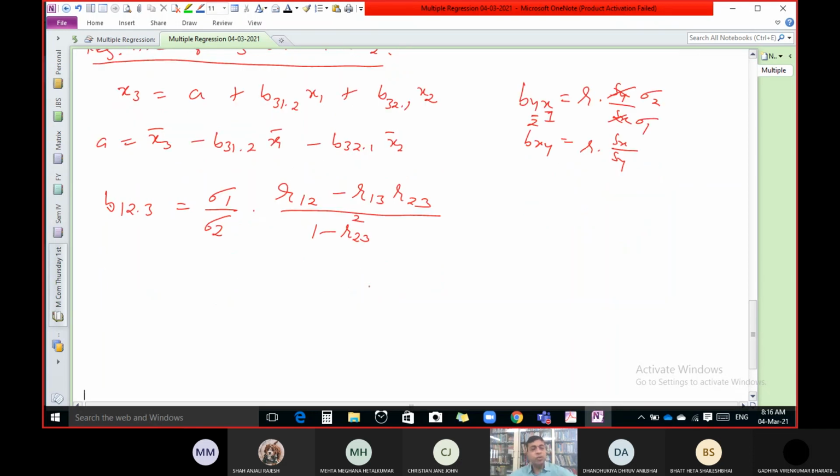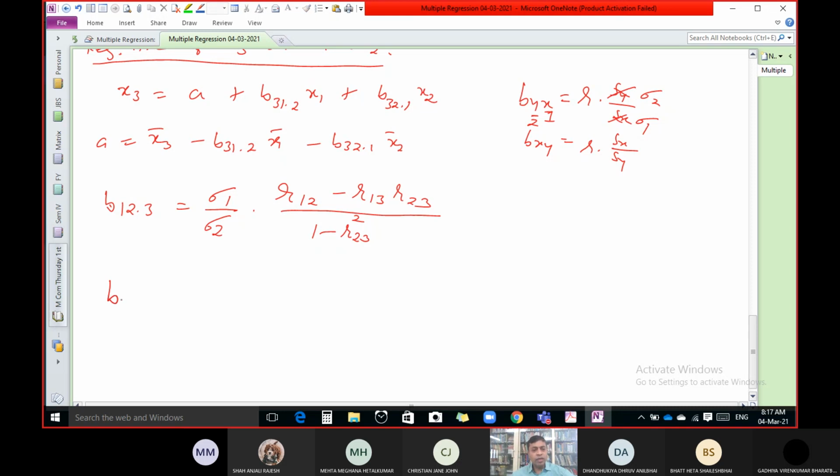Now see how to learn this formula. B12.3 is sigma 1 upon sigma 2 into R12 minus R13 R23 divided by 1 minus R23 square.